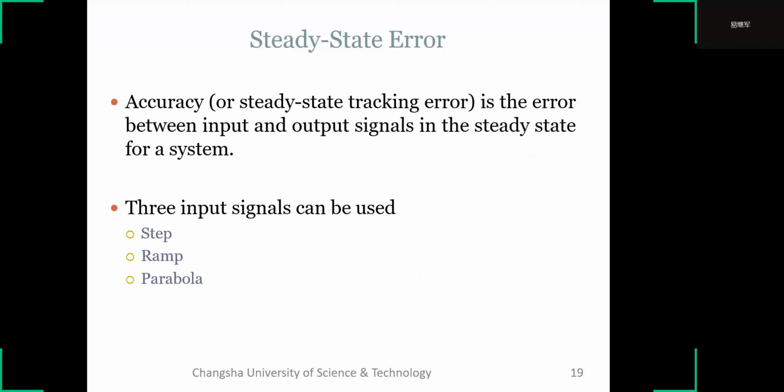Next, steady state error, or accuracy, is the error between input and output signals in the steady state for systems. Three input signals can be used: step, ramp, and parabola.